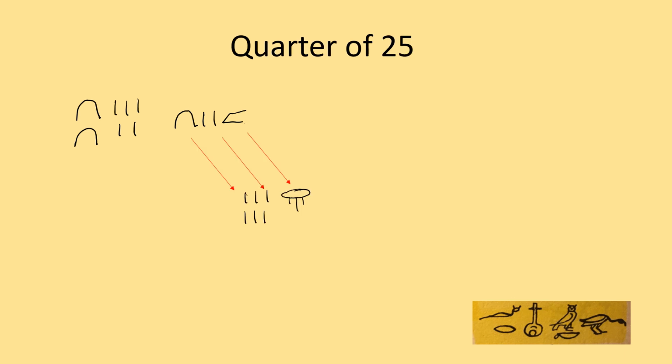As we continue, we want to take half of 12 and a half, which is a quarter of 25. Again, we can take half of the 10, which gives us 5 ones, and half of the 2, which gives us 1 one. So that gives us a total of 6 ones. And half of a half is 1/4.